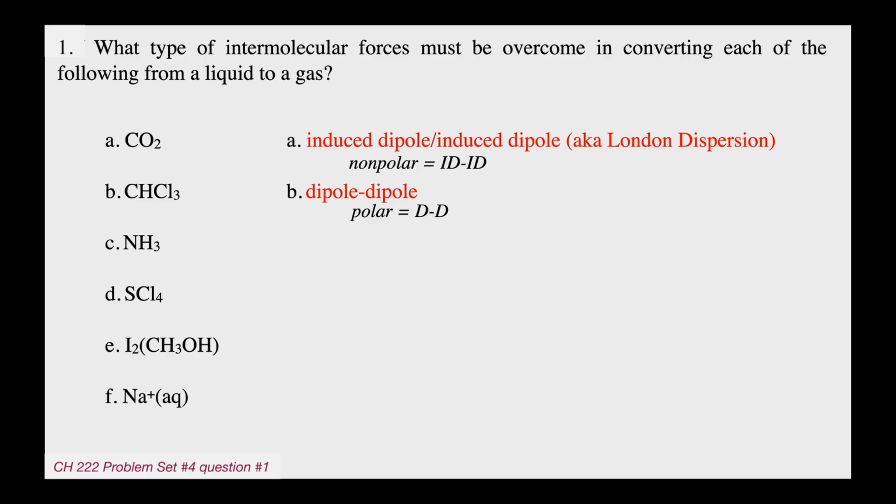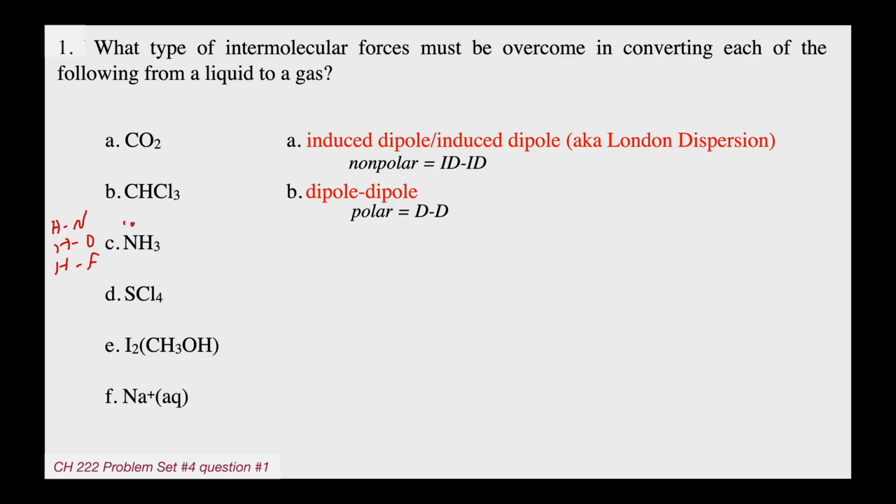On the next molecule, C, which is ammonia, the nitrogen, if you draw out its Lewis structure, the nitrogen has a lone pair. So that's a tetrahedral nitrogen. So that would be a polar molecule, and initially you'd say DD, dipole-dipole. However, if you have a hydrogen connected to a nitrogen, or an oxygen, or a fluorine, it gets like a supercharged version of dipole-dipole.